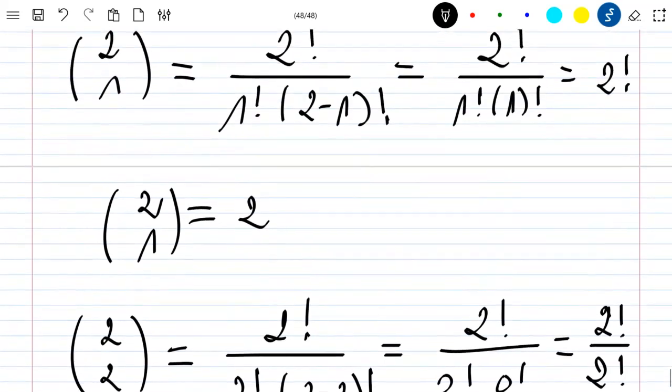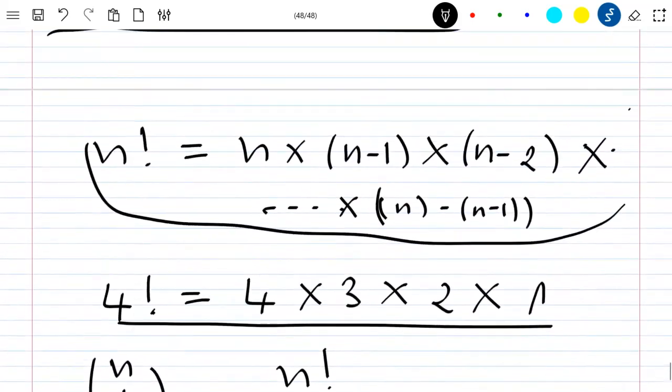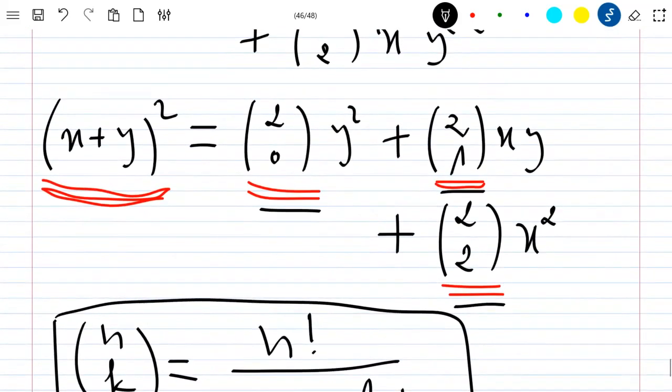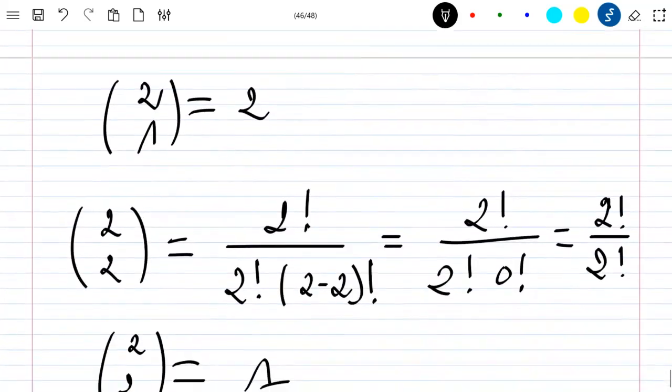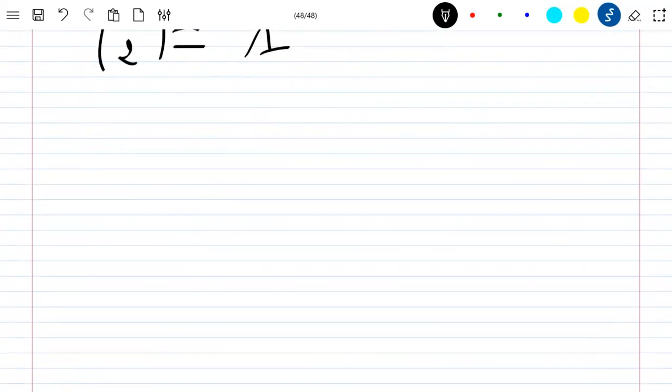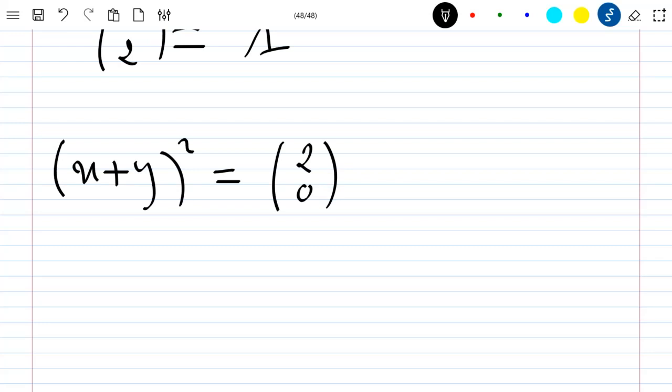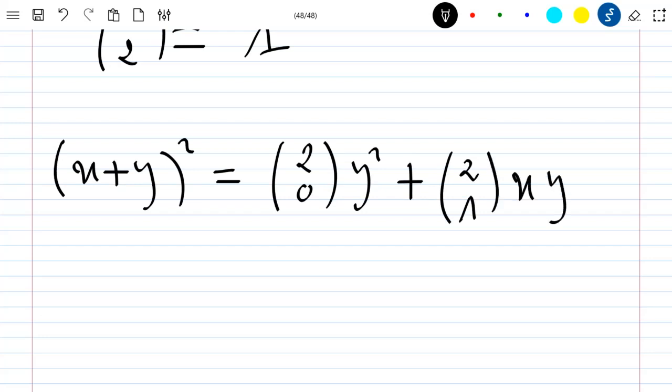Now, if we replace all the coefficients in the expansion of this sum, we finally have (x plus y) squared is equal to 2 choose 0 y squared plus 2 choose 1 xy plus 2 choose 2 x squared.